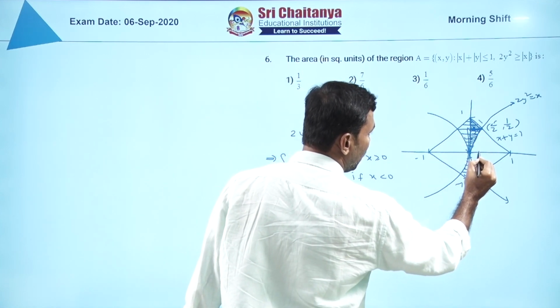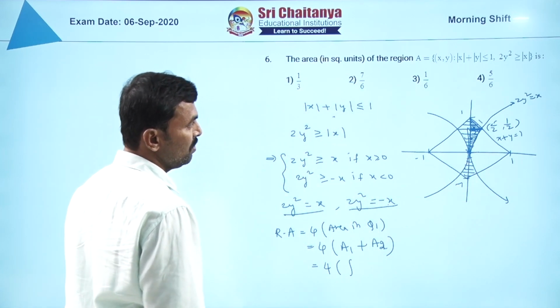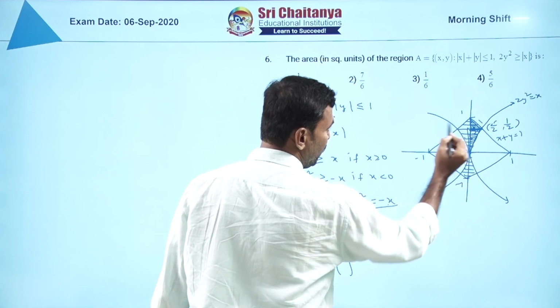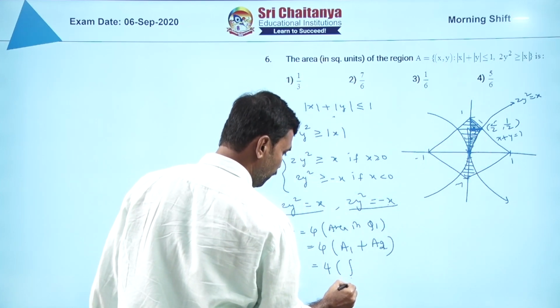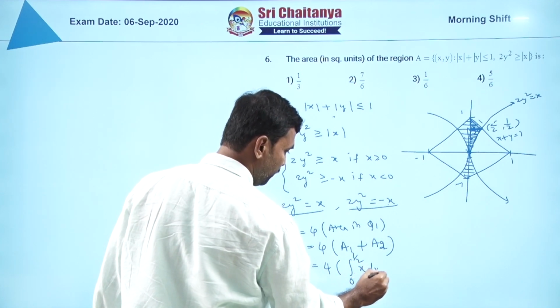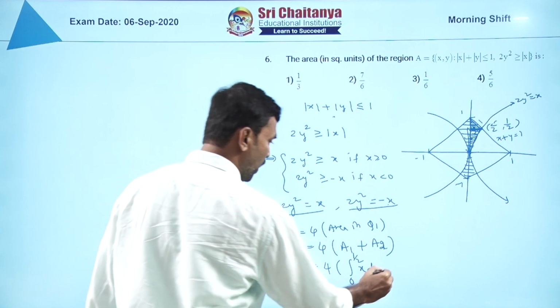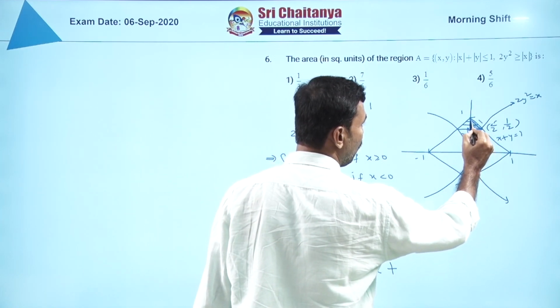I am using definite integrals, 0 to 1 by 2, to solve this area, plus A2. A2 is a right angle triangle, half into base into height.